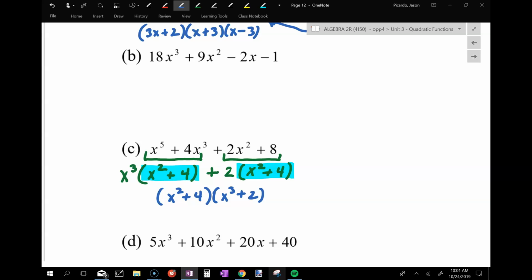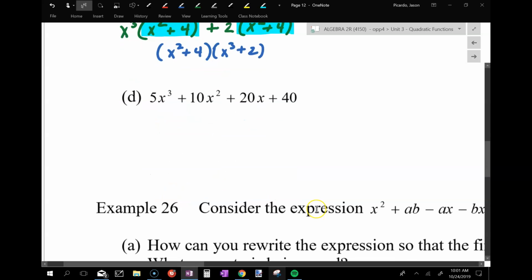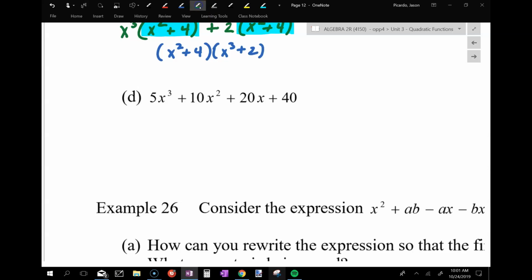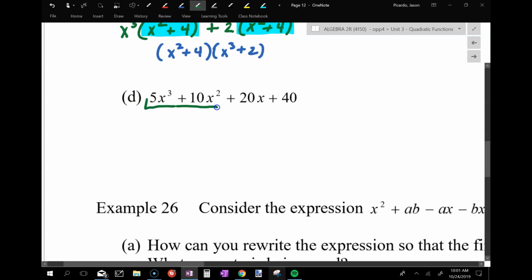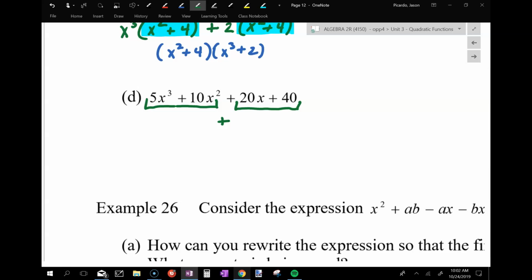If it was minus 4, it would be, right? Okay, D. Again, keeping that sign, right? You guys look like you want to try this one on your own, so go ahead.